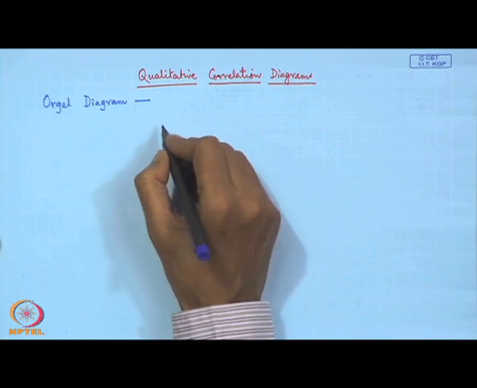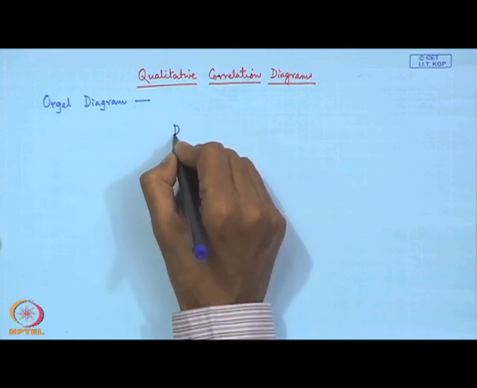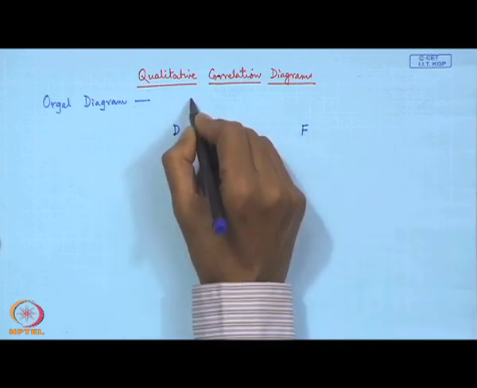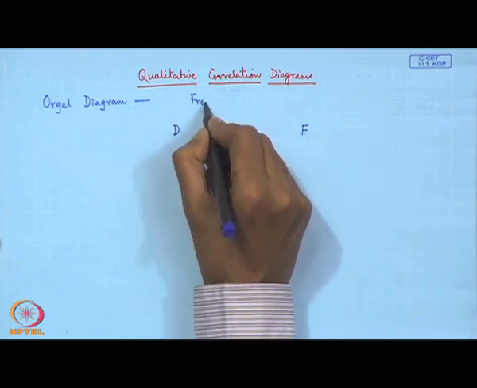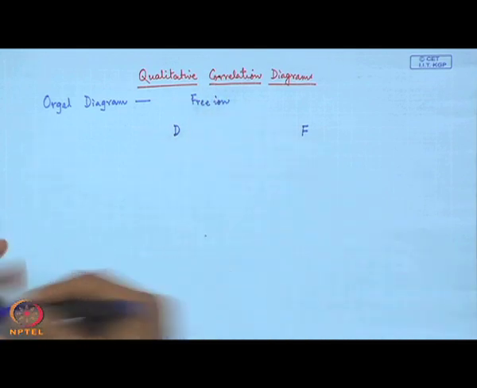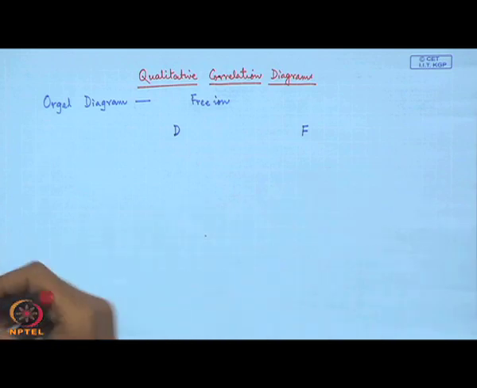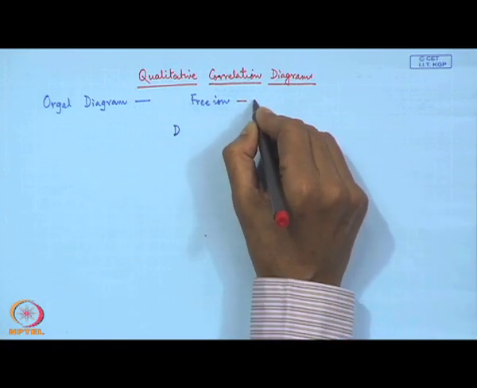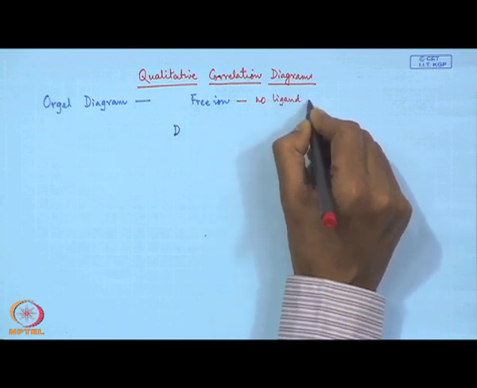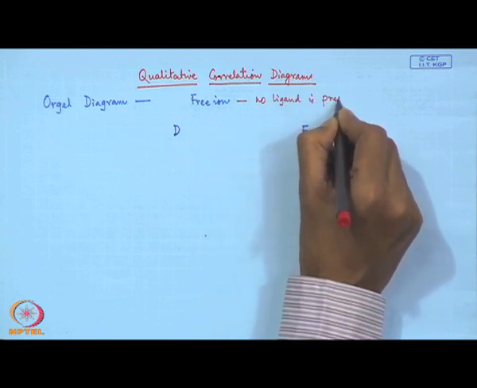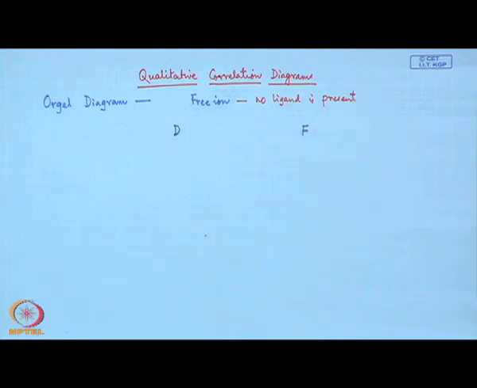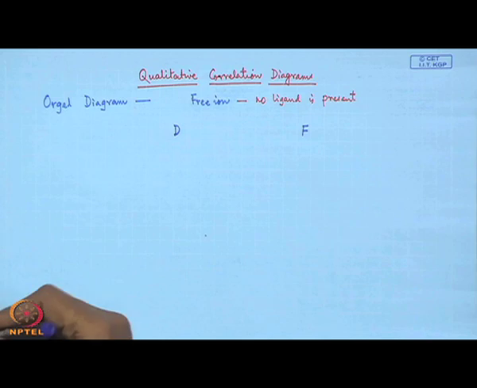And here we are just looking at how we are getting those terms, and those are basically the free ion terms, where no ligand is present. So, we do not have any ligand around these metal ions.